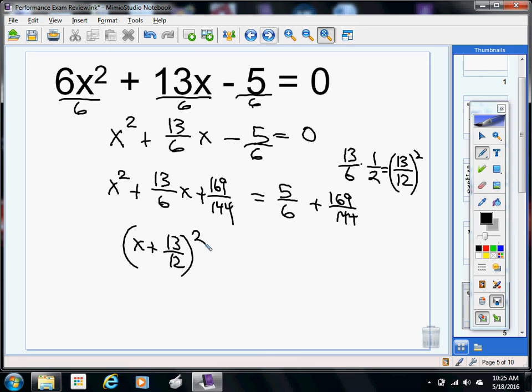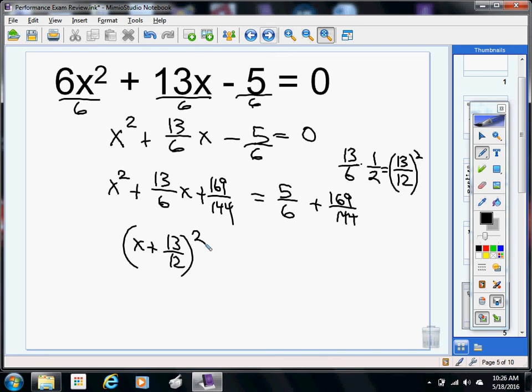Now my problem over here is 5/6 and 169/144. I need to add those two together, but I need a common denominator to do it. Can anybody tell me the common denominator between 6 and 144? Okay, the common denominator is 144. 12 would be a common factor. When you try to find the least common denominator, guys, you find what 6 goes into that 144 also goes into.